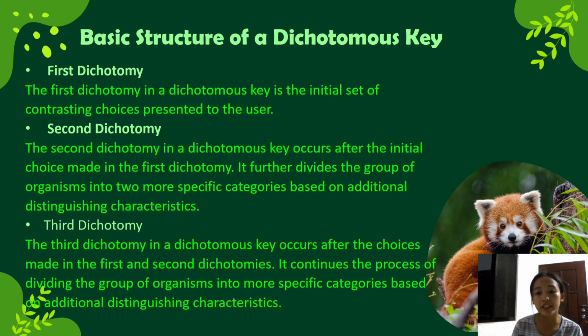It further divides the group of organisms into two more specific categories based on additional distinguishing characteristics. Third dichotomy. The third dichotomy occurs after the choices made in the first and second dichotomies. It continues the process of dividing the group of organisms into more specific categories based on additional distinguishing characteristics.